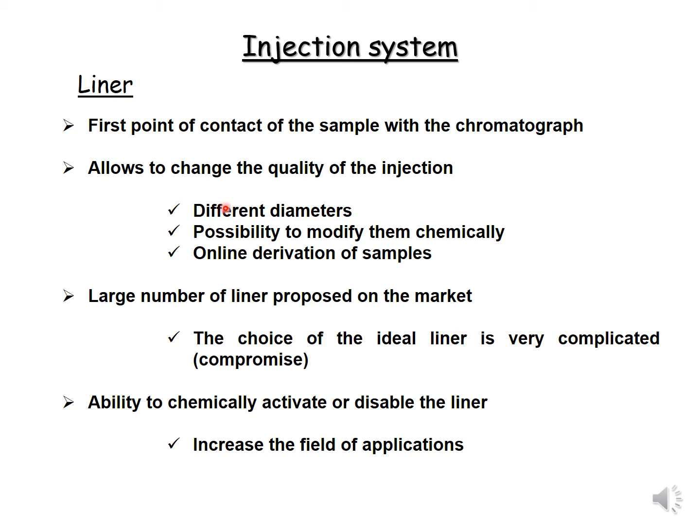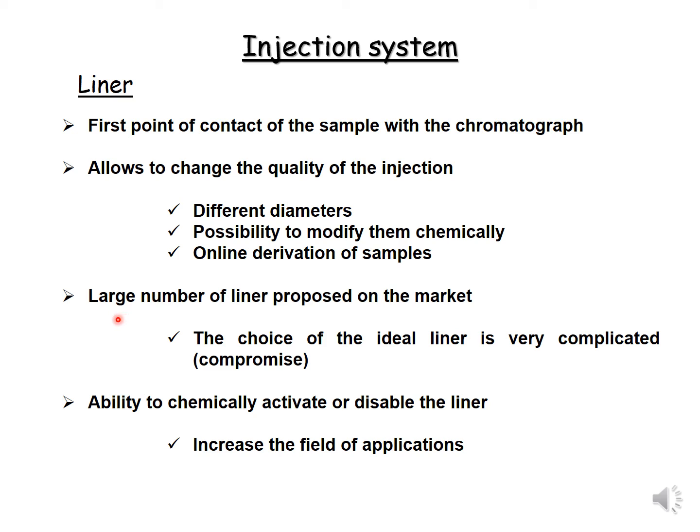For example, there are different diameters, so you can inject a big or small volume of sample depending on the diameter. You also have the possibility to modify them chemically and so allow some online derivatization of the sample. For example, you can realize a chemical derivatization directly in the liner before injection in the column.